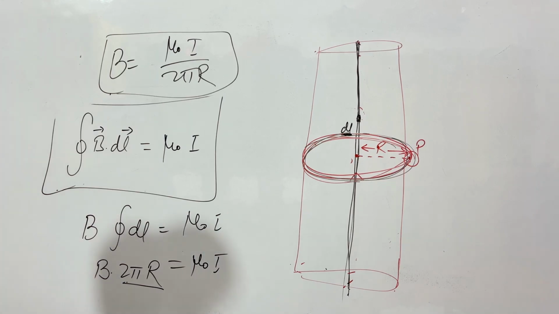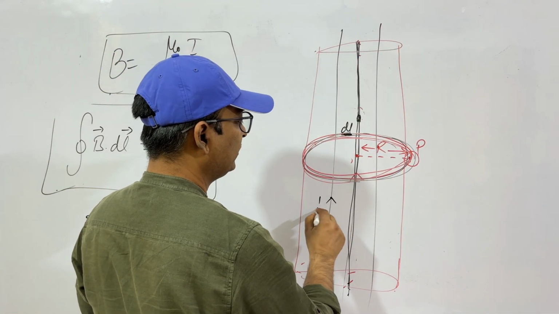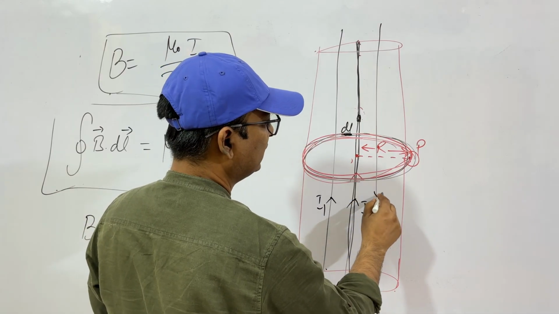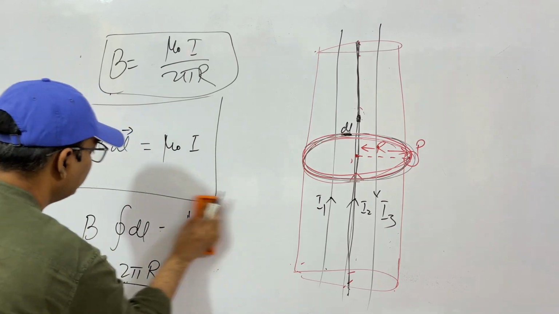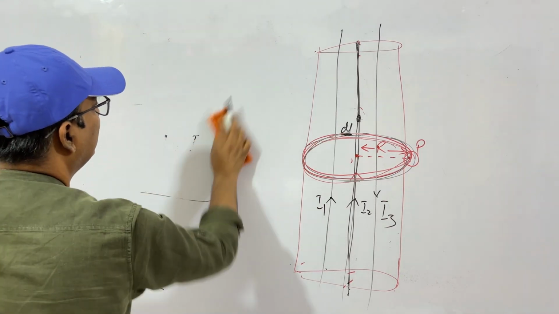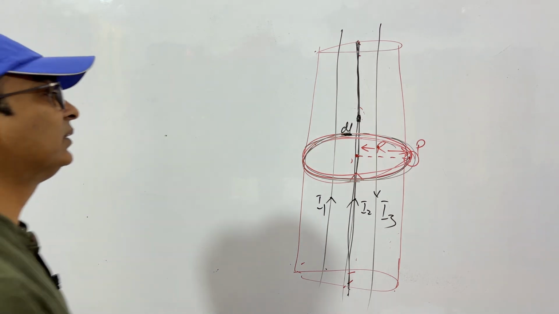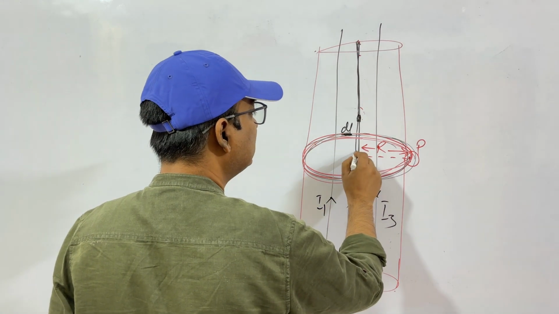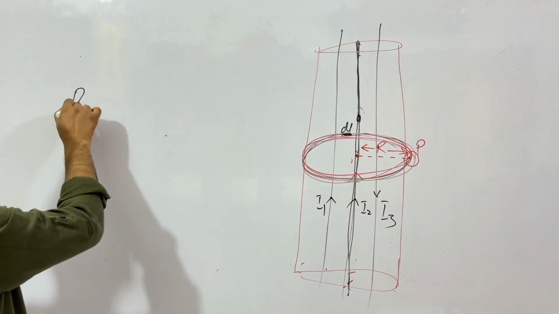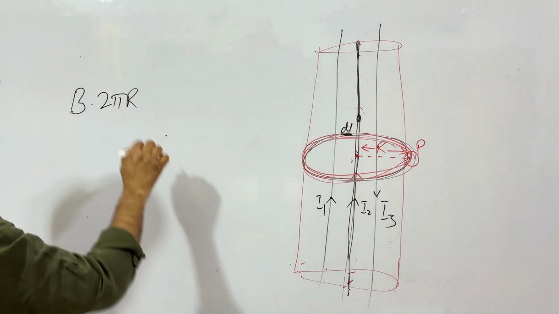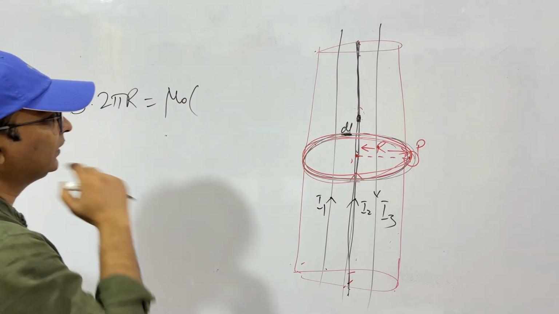Another beauty is that if we have, let's say, 3-4 wires, the first current is I1, the second current is I2, and the third current is in this direction, I3. Using Ampere's law, it is very easy to find the magnetic field at a point due to 3 wires. If we use the Biot-Savart law, we'd have to take current elements of each wire at this point and then add them all. Using Ampere's law, it is so easy. B times 2 pi r equals mu 0 times the enclosed current.